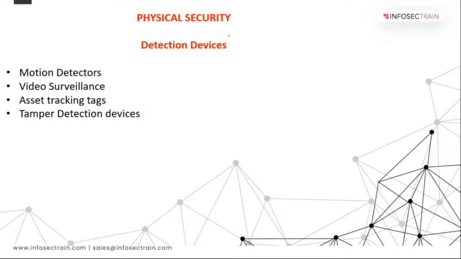Your organization is safe from physical attacks, right? Like someone is entering inside your organization without any permission. So an unauthorized person, so that is physical security. That's why we have to provide physical security, right?